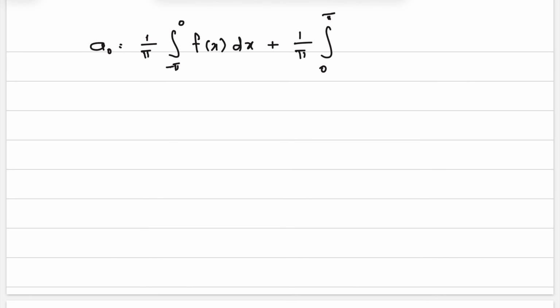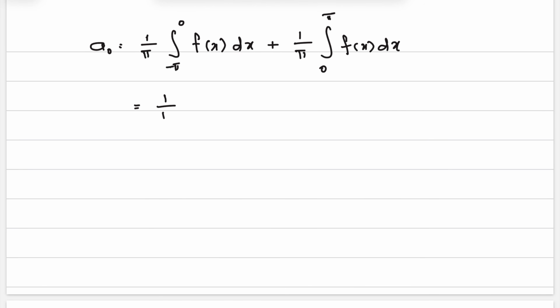Now, from the definition, what is a naught? a naught is equal to 1 by pi integral minus pi to 0 f(x) dx plus 1 by pi integral 0 to pi f(x) dx. Do you agree?